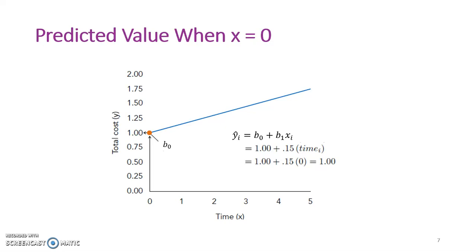The predicted value when x equals 0, or when time is equal to 0, is going to be 1. It's just going to be the intercept, or $1. So if the predicted value of y is 1, that's telling us that before we start riding the scooter, or at time equals 0, we are going to pay $1. The cost is going to be $1.